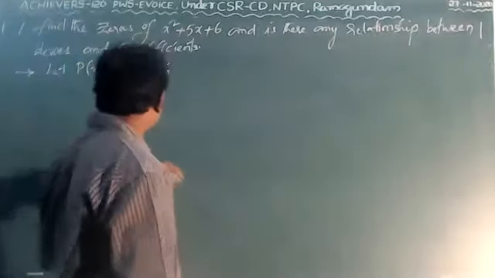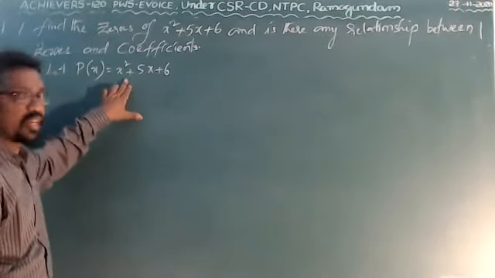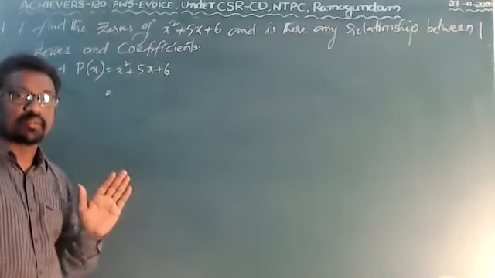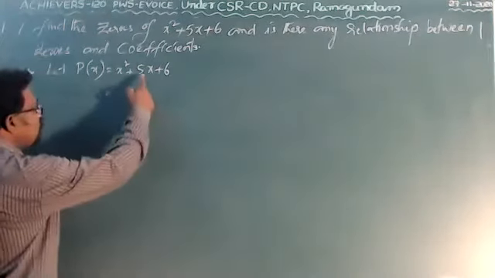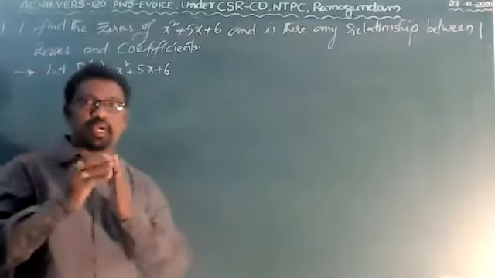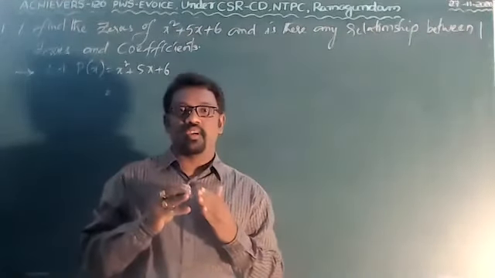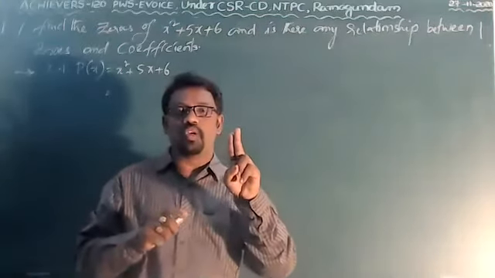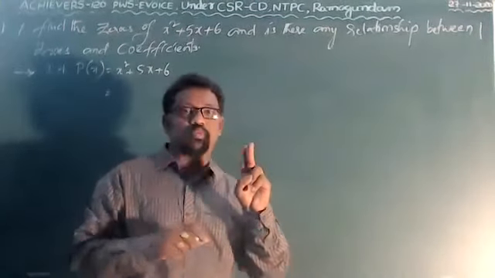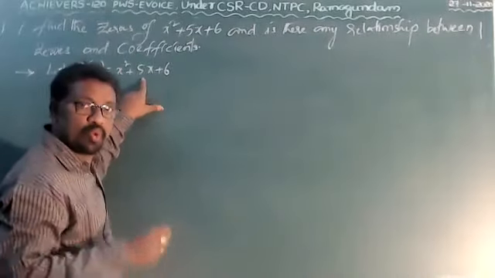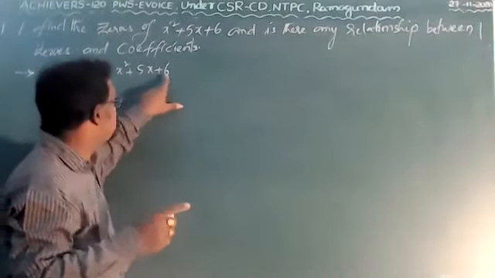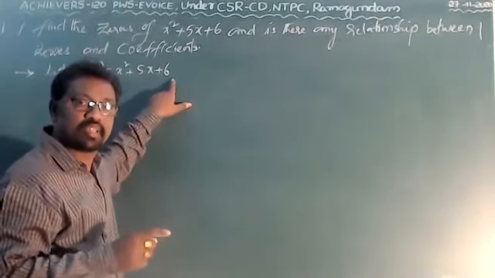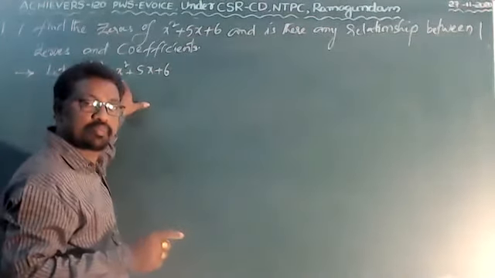Factorization of x square plus 5x plus 6. How will you do the factorization? You have to split the middle term. If you split 5x into two terms, when you add the two terms you must get 5x, and when you multiply the same two terms you should get the product of the constant term and the x square term.